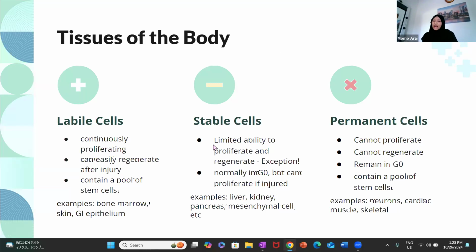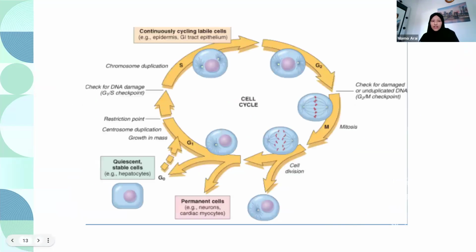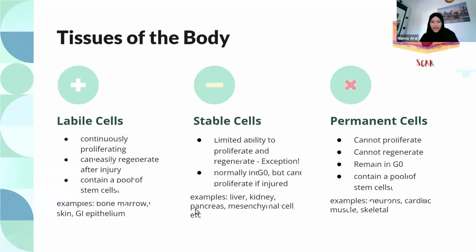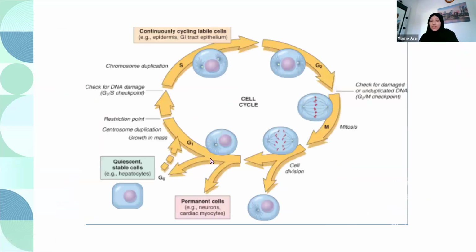We'll see why, because there is a state in the cell cycle called the G0 phase. Cells of the liver, kidney, pancreas and mesenchymal cells are, from the name, stable. They're in a stable state, or in a phase called G0. So this is the cell cycle.